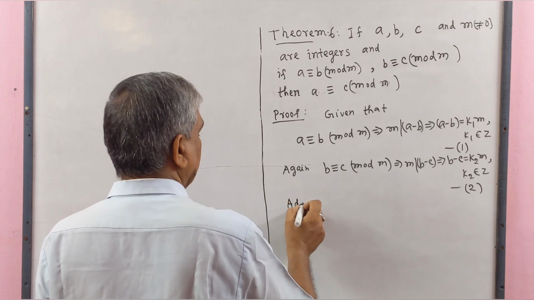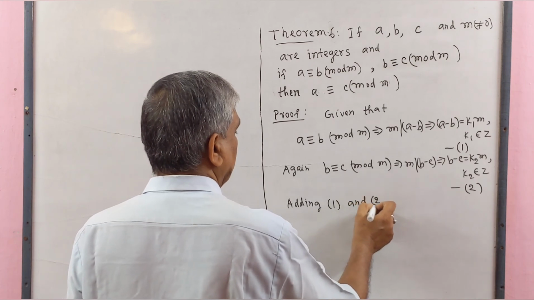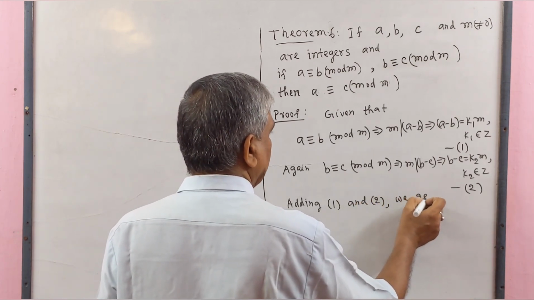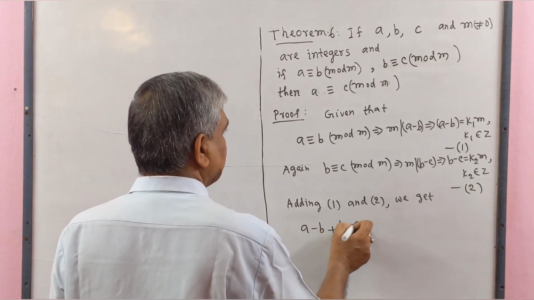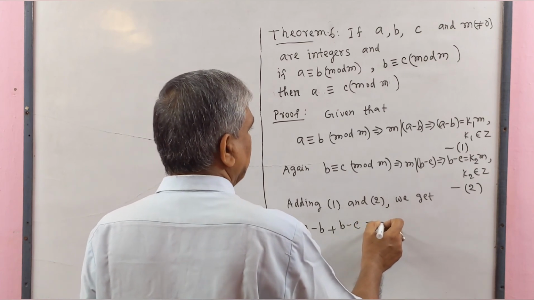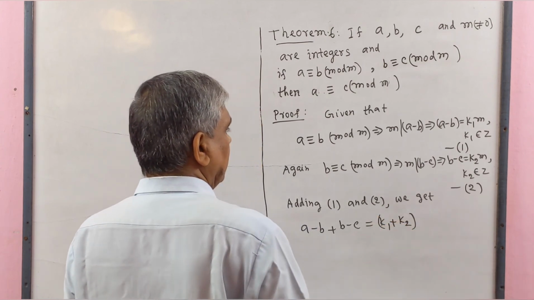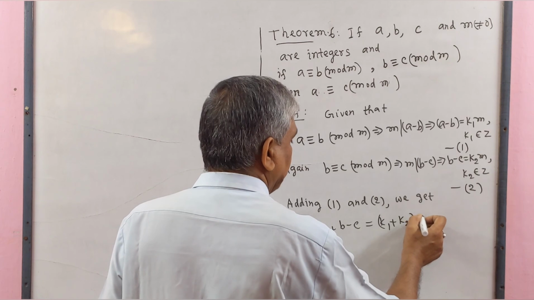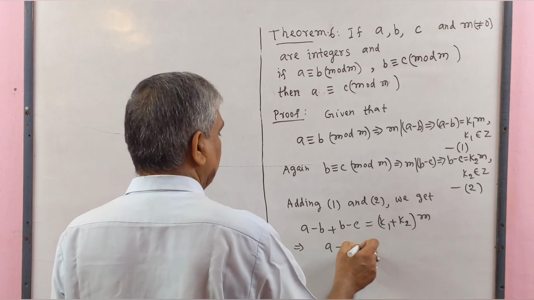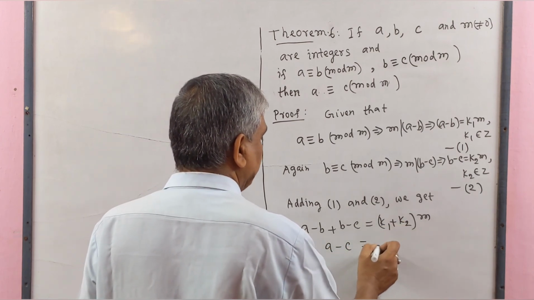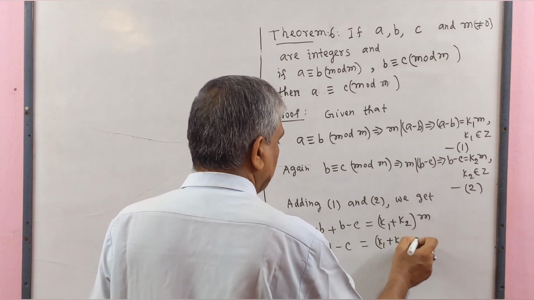Adding 1 and 2, we get a minus b plus b minus c equals k1 plus k2, multiplied by m, which implies that a minus c equals k1 plus k2, where k1 plus k2 is an integer, multiplied by m.